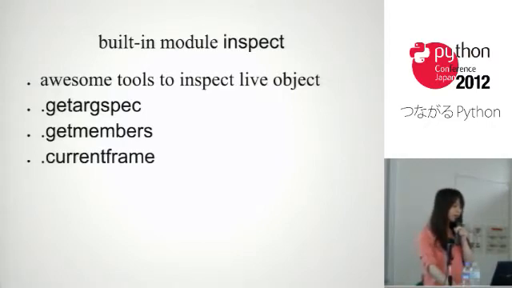And currentframe. Clime doesn't use it, but it is still interesting. It lets you inspect the current frame. A frame is an object that is used inside Python. It is used to implement tracebacks.